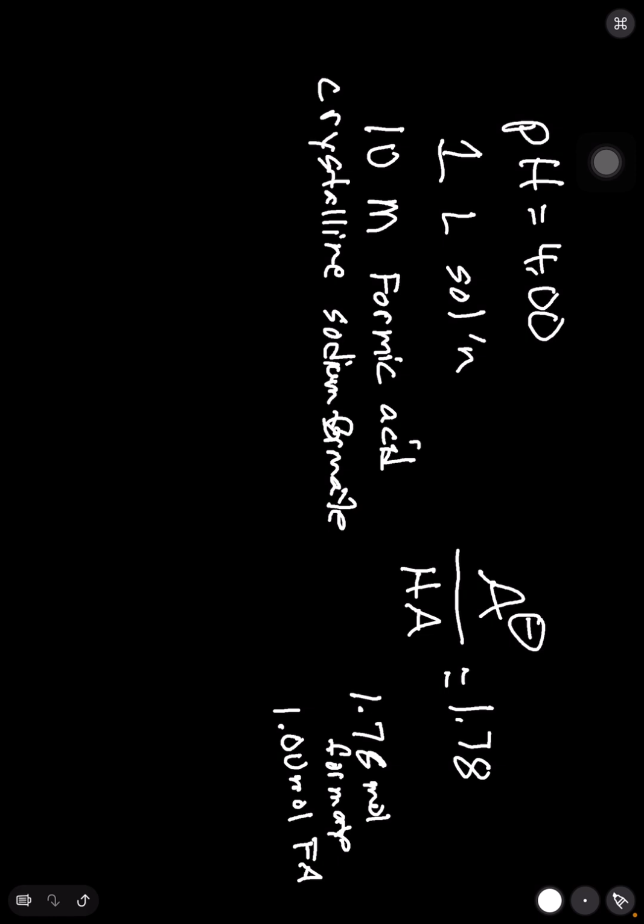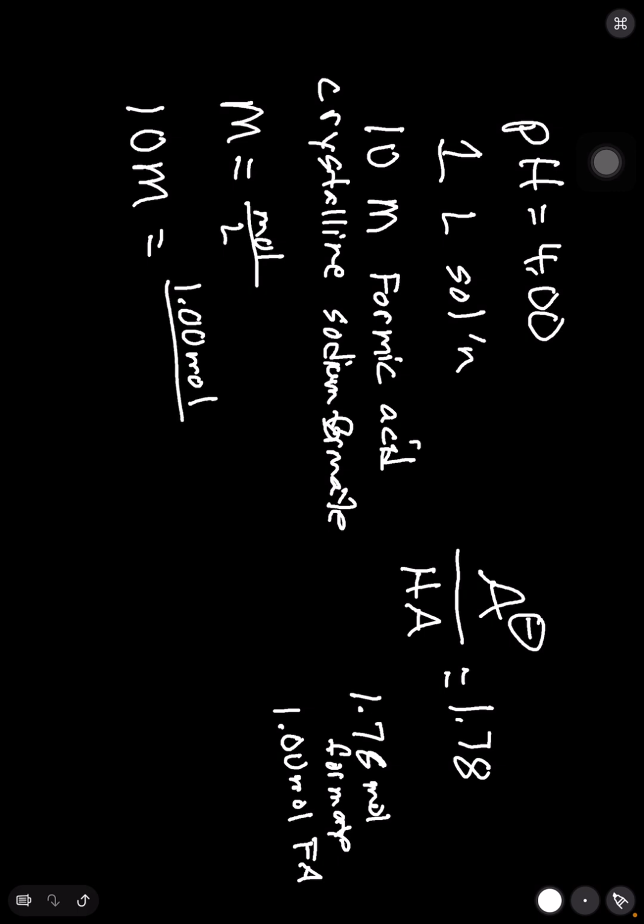All right, so if you do it that way, let's start off with the formic acid. We can use the good old molarity formula. Molarity equals moles of solute per liters of solution, right? We're starting off with 10 molar formic acid. We're trying to get 1 mole of it, and we're looking for the volume.